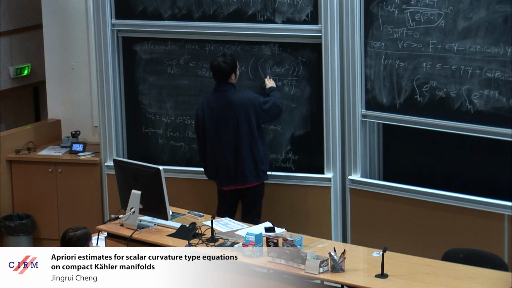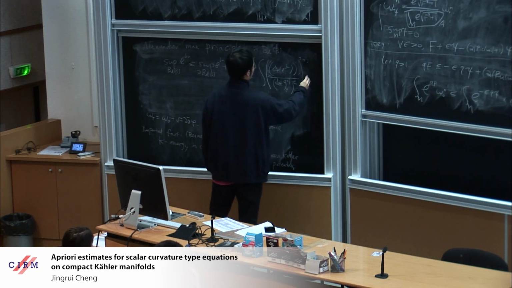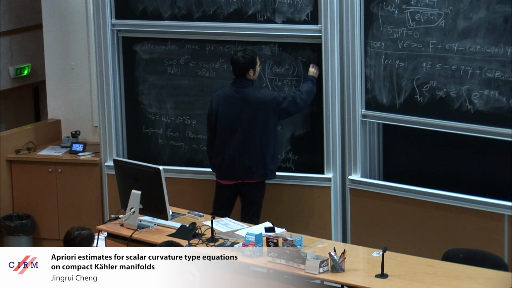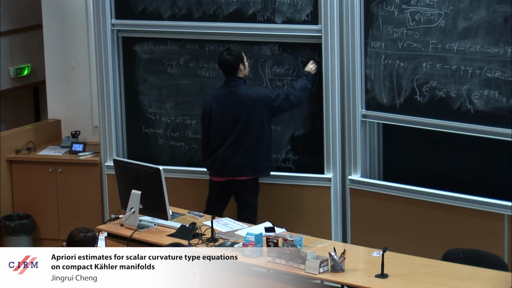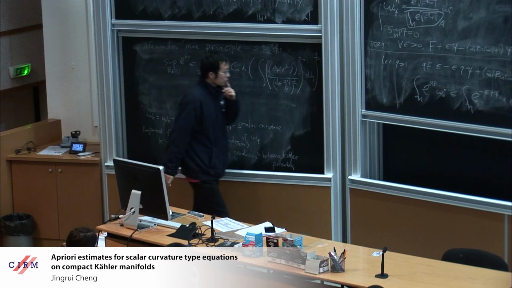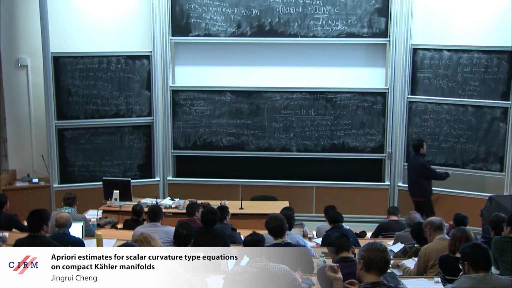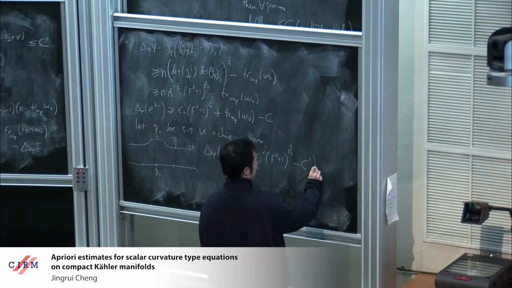Actually, it should be the whole thing to the power 2n, d volume G, take the norm. Actually, I forgot, this should be the whole thing times e to the delta u.